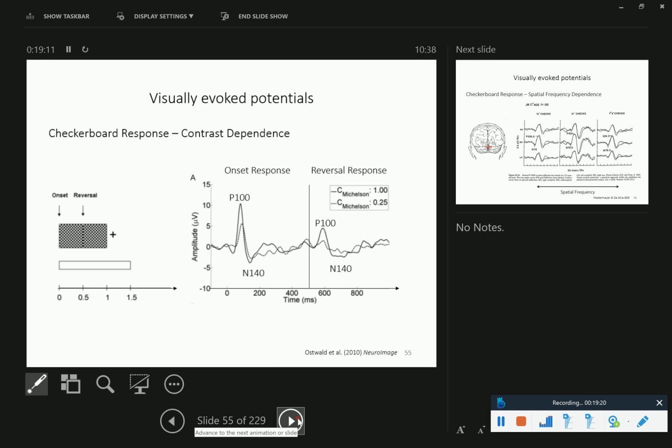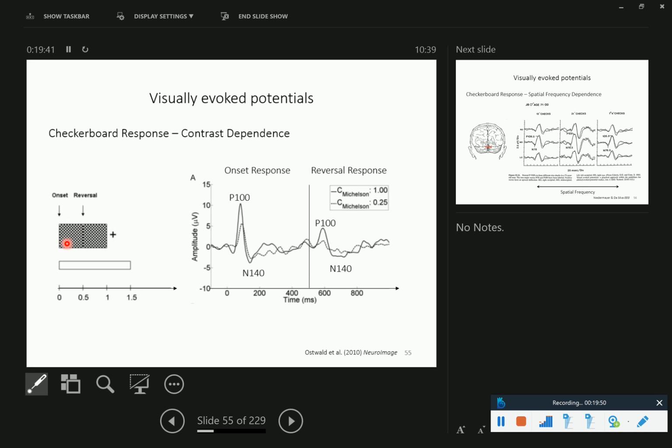What is also of interest in general for event-related potentials is that they are, of course, modulated by certain aspects of the stimulus. What we looked at here, and which other people have of course looked at before, is the contrast dependence. Contrast is essentially the difference between the bright part and the black part.